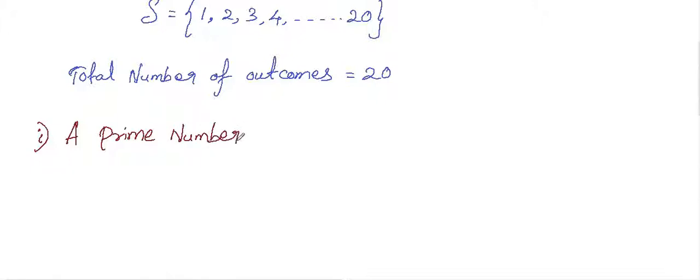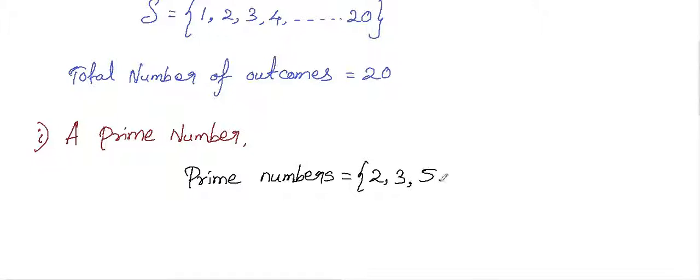So write down the prime numbers between 1 to 20. The prime numbers from 1 to 20 are 2, 3, 5, 7, 11, 13, 17 and 19.